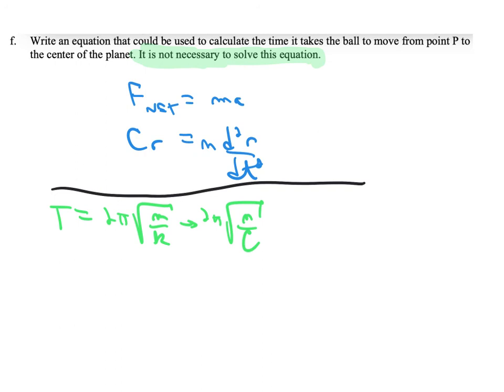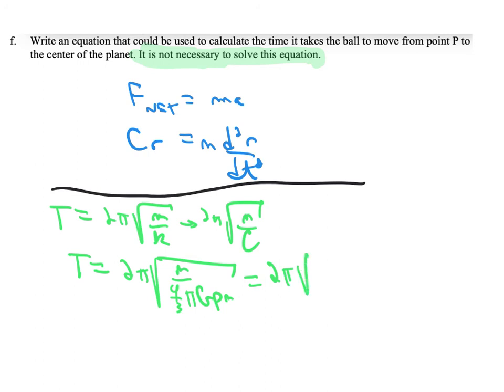So if we plug this in and we say T is 2 pi root m over 4/3 pi G rho m, whoops. And then we notice the mass cancels, so maybe we do something, I don't know, I would probably not simplify the thing here, but we might say something like 3 over 4 pi G rho.